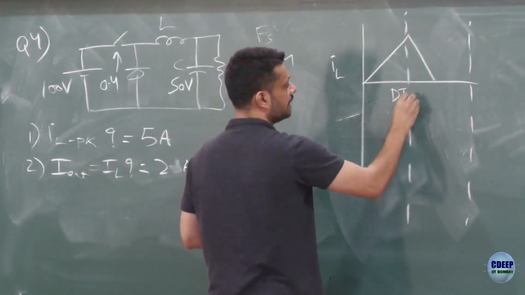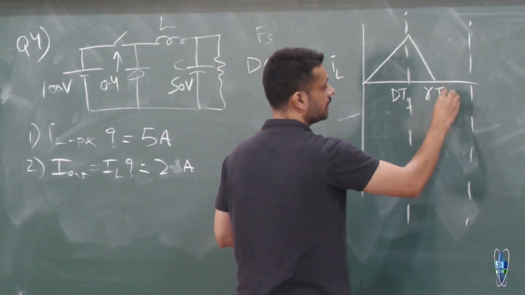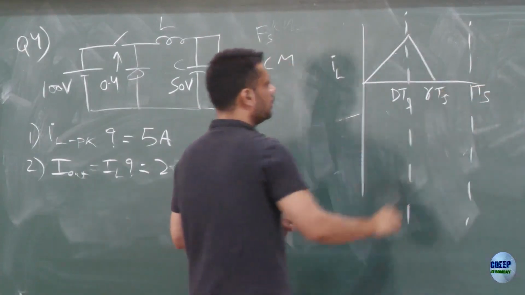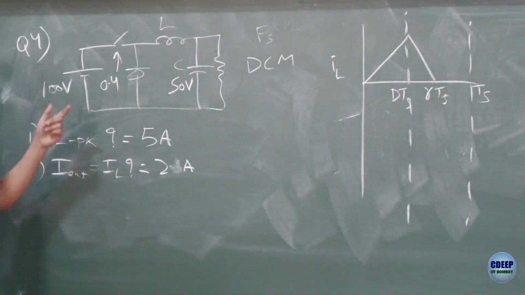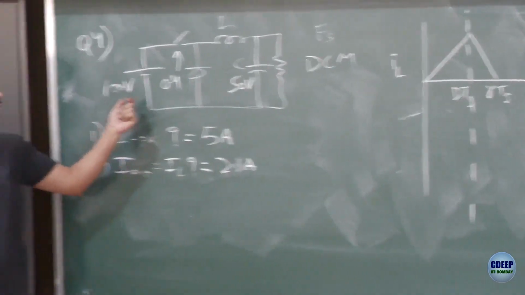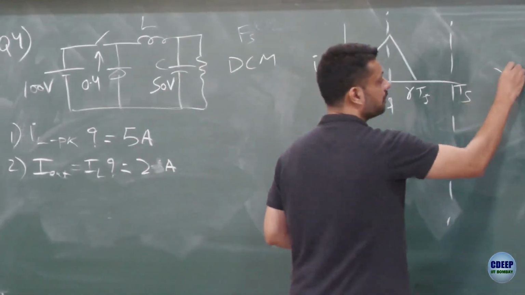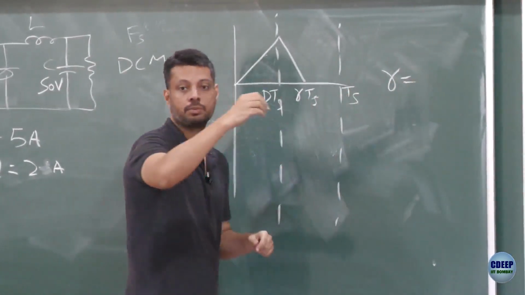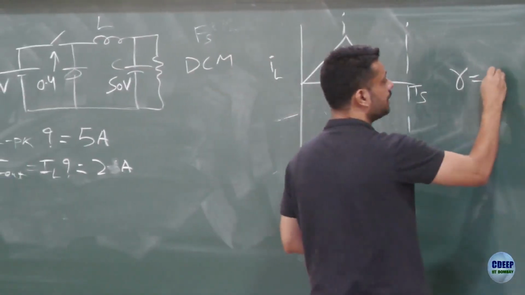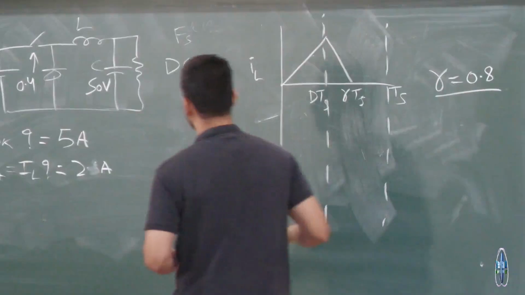This is D times Ts, this is gamma times Ts, and this is Ts, right? You know the output voltage, you know the input voltage, you know the duty cycle, so you can find the value of gamma from here. How much does gamma come out to be? 0.8. Okay, so you can find the value of gamma.